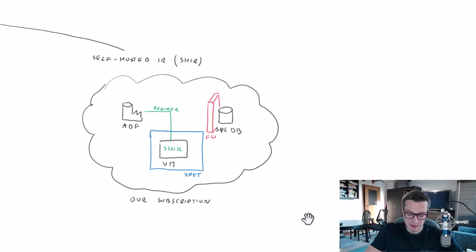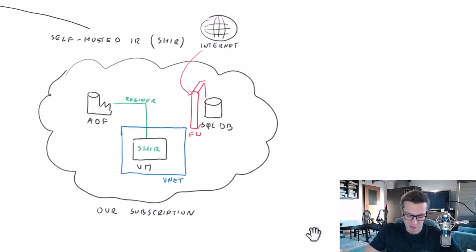So let me write it down that, let's say this is the internet that would like to connect to our database using public access or public endpoint of our Azure SQL server. And this traffic is not allowed, it is disabled.